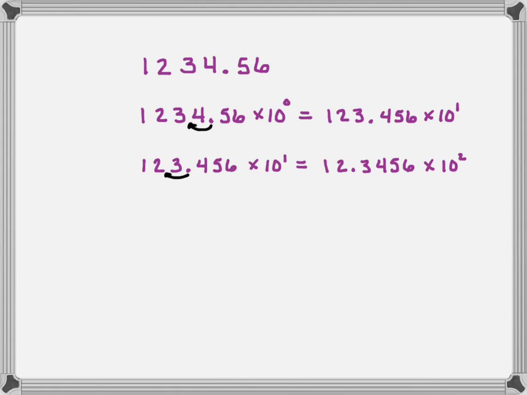Now if I take that number, 123.456 times 10 to the 1, and I move the decimal place over another space, so that it's now between the 2 and the 3, it is now going to be equal to 12.3456 times 10 to the 2. Again, the exponent has increased by 1.